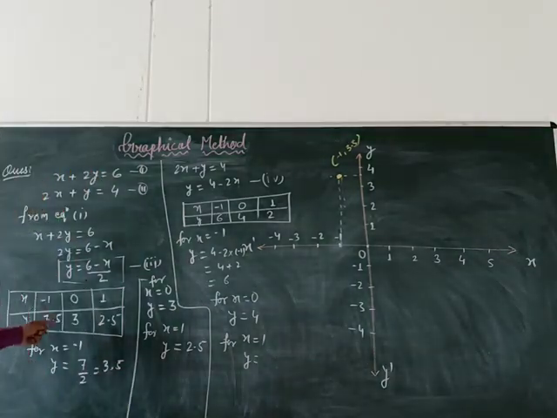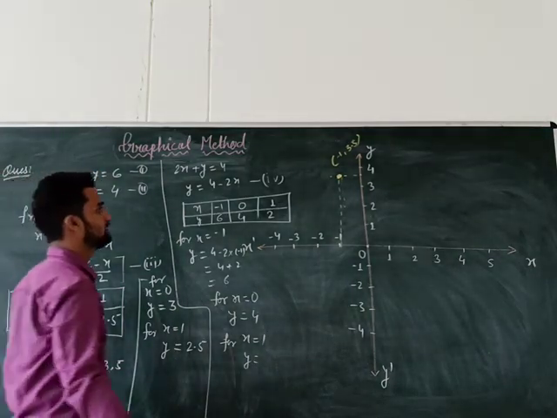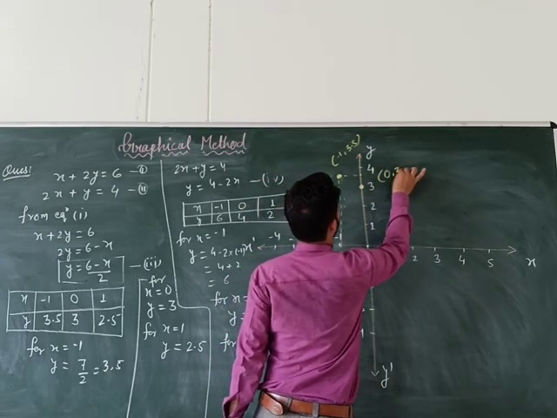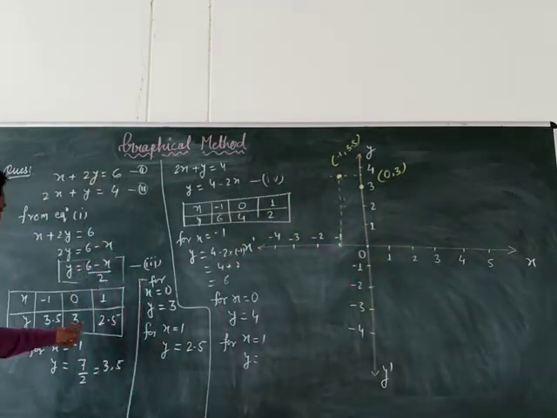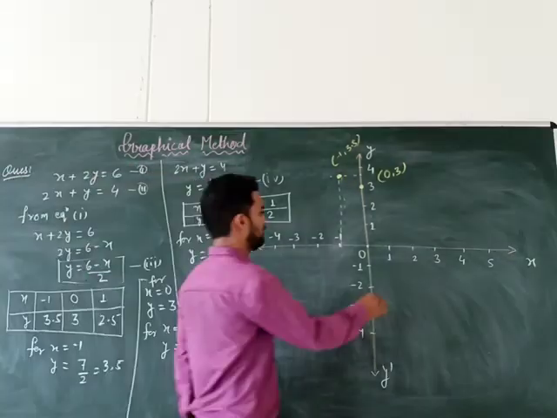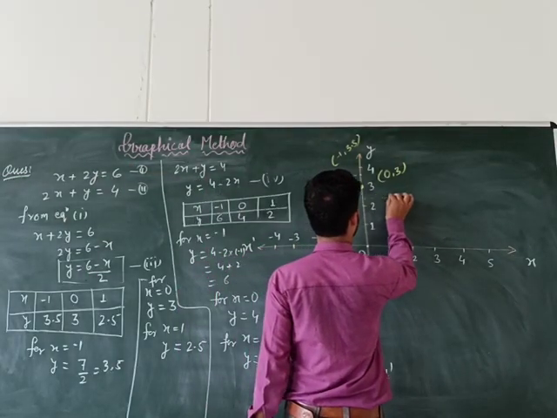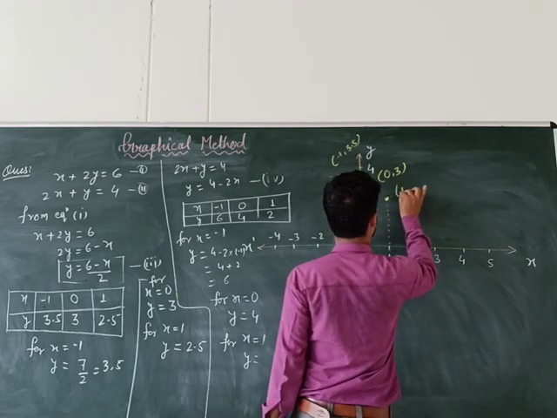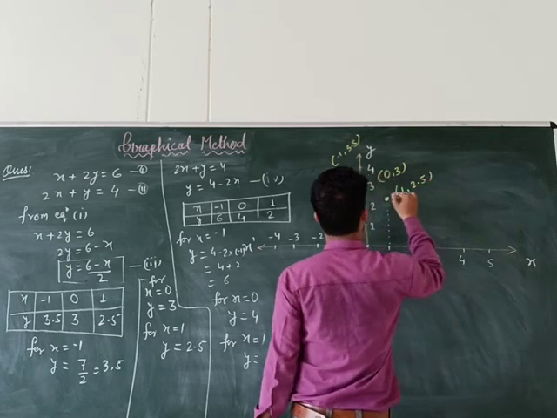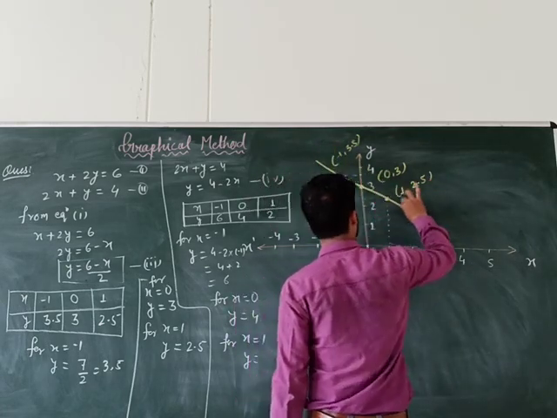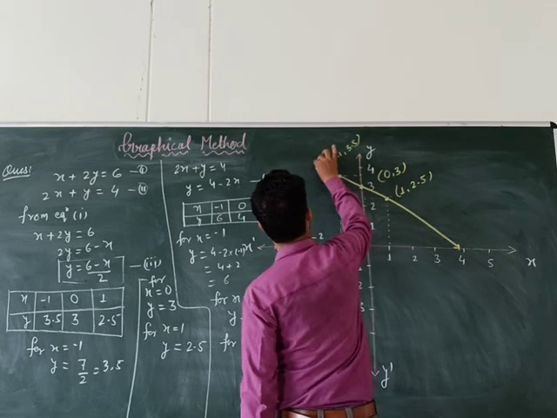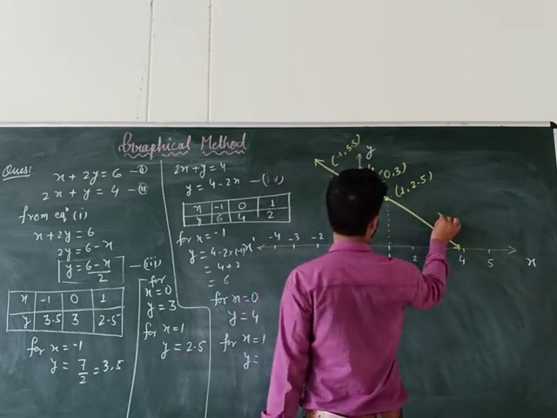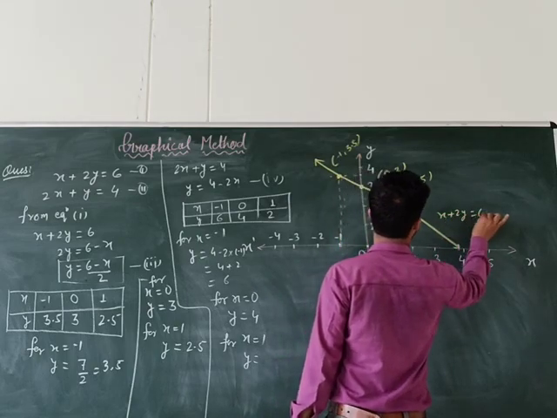Now the second value, when x equal to 0, y is 3, so 0, 3. And when x is equal to 1, y is 2.5, so 1, 2.5. So join all these 3 points very carefully, and this is for the equation x plus 2y is equal to 6.